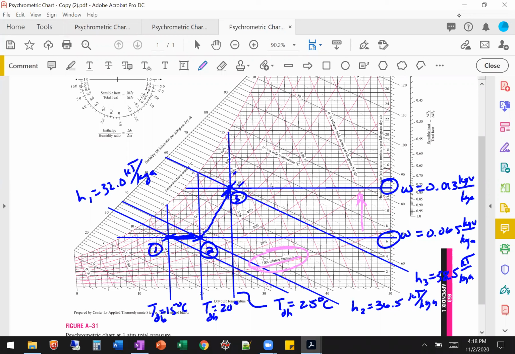That's these lines. So relative humidity changed from that to that, right? Specific humidity is just the ratio of mass of vapor over mass of air. And if you add heat, you're not changing mass. You're just changing energy.